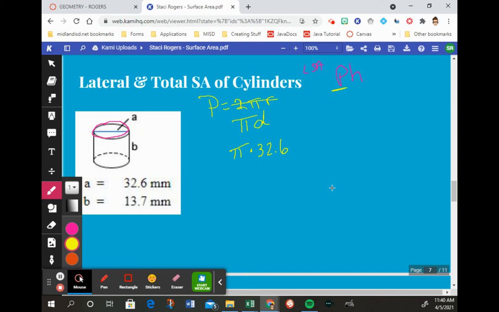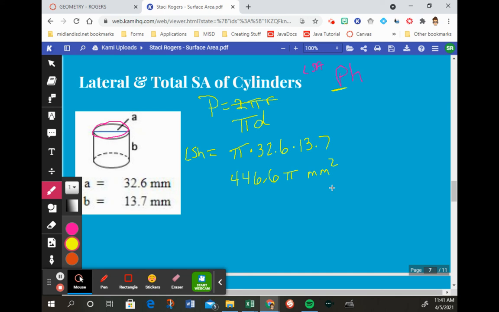And then for lateral surface area, I'm going to multiply times the height of 13.7. So 32.6 times 13.7. And I get 446.6 pi square millimeters.